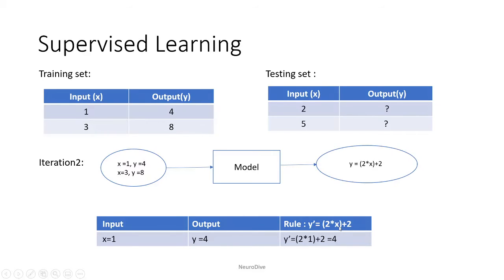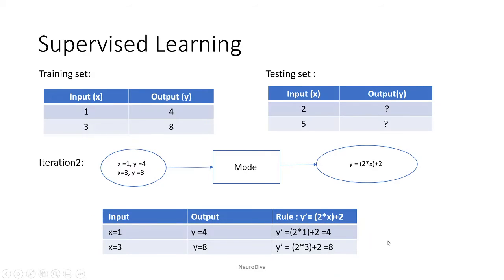It fits the value of x in this and gives us the value 4 for y, which is the same as the actual value. Then it tries to fit it to another data point and again gives the predicted value as 8, which is the same as the actual value. So here our predicted value of y is the same as the actual value of y, so we can say that this rule is correct and it's working fine.